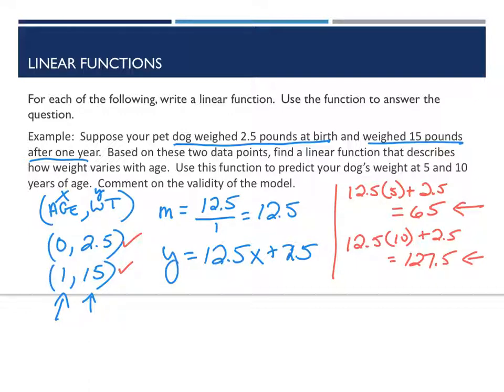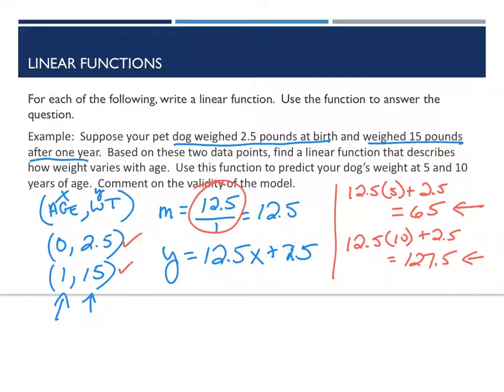Because this whole assumption is when you have a rate of change, you're assuming a constant rate of change. In this particular example, we're saying that a dog that gains 12.5 pounds in its first year is going to continue gaining 12.5 pounds every year. When that's not true.